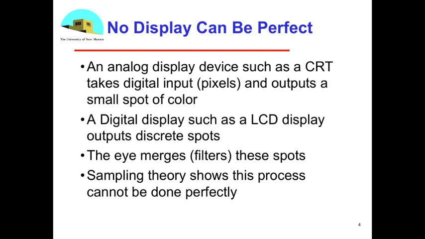So there's always a little error in that. And by the way, everything I'm saying here about analog-digital conversion is also true of sound, and many of you, I think, are aware of that with one-dimensional signals in various music systems.